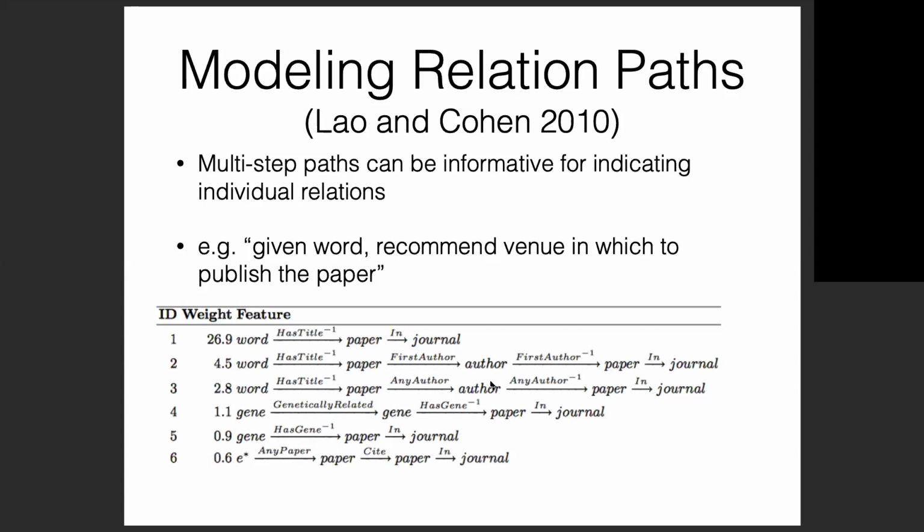Another example would be a word in the title of the paper, and then we have a first author of that paper. That first author is an author of another paper, and then that paper is published in a journal. And now this path is a little bit more indirect. It's basically saying that if that author has published somewhere, that might be a good choice. But nonetheless, it's indicative.